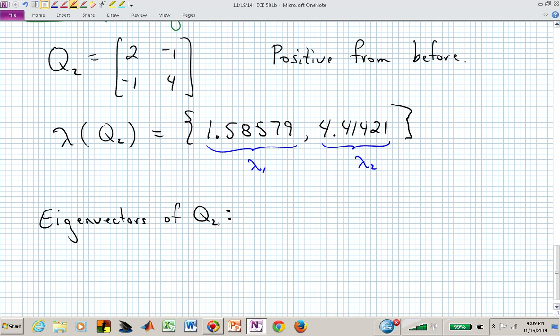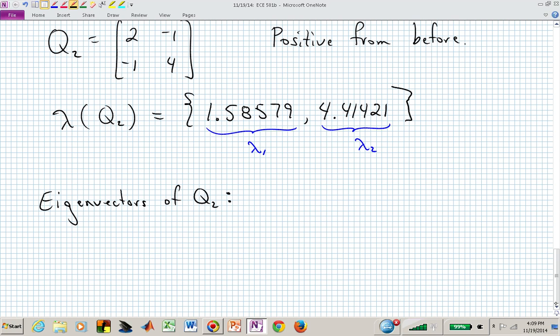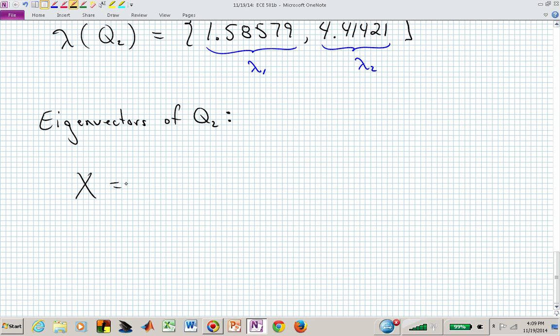Again, these are the eigenvalues and the eigenvectors of Q sub 2. Let me just write those down as being the columns of a matrix capital X. The first column is minus 0.92388. Obviously, I'm limiting this to a certain number of significant digits.